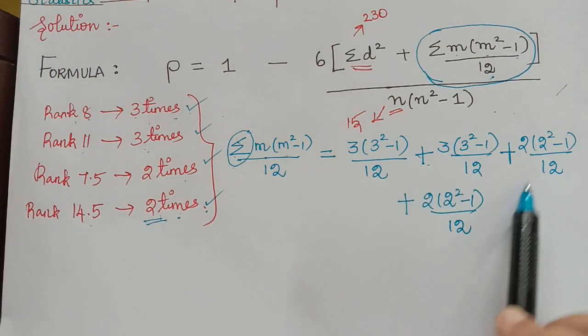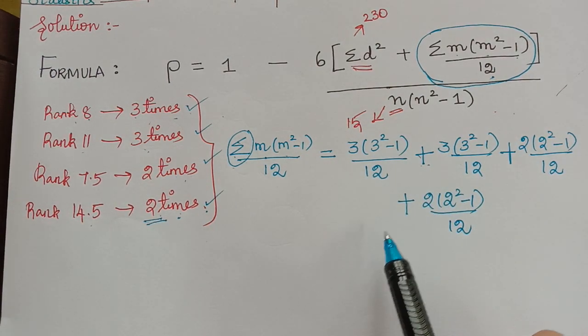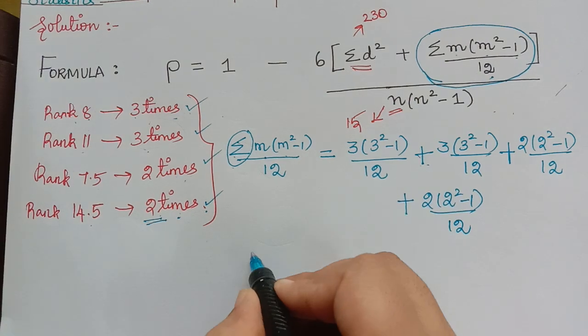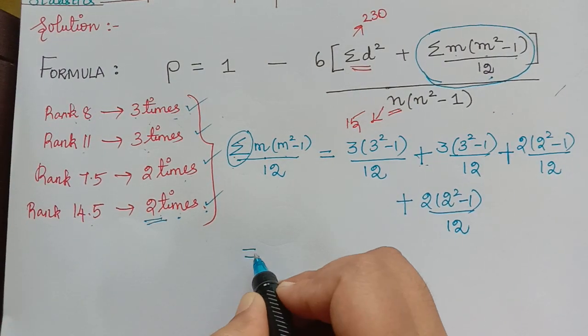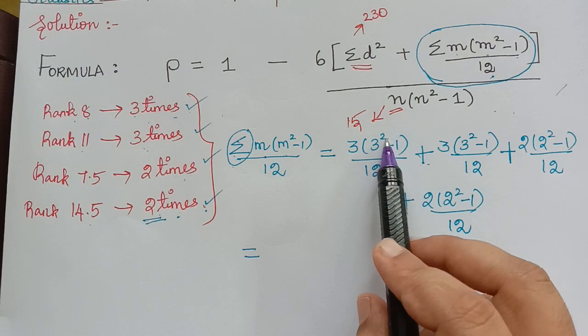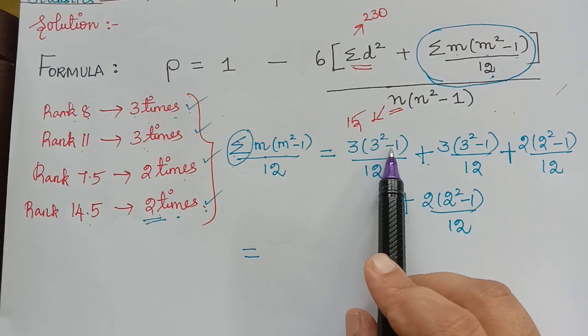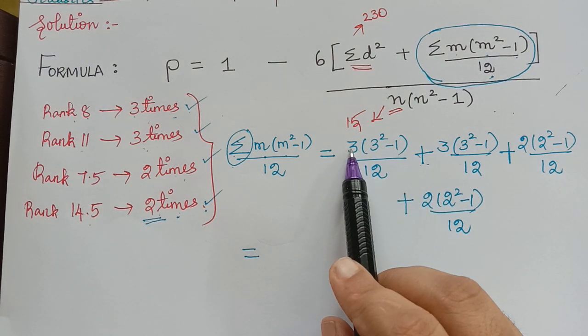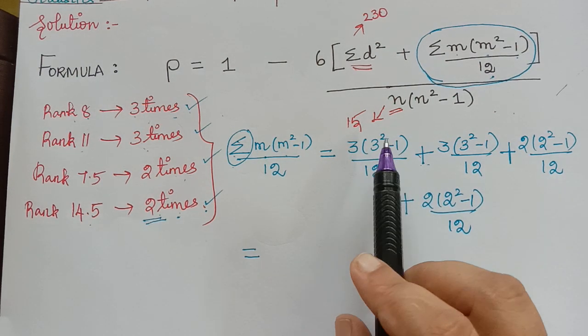Now we shall evaluate all this separately, and that one value we shall take and substitute here. So this will be equal to, what is 3 square? 9. 9 minus 1 is 8. So that 8 gets multiplied with the 3. So 8 times 3 is 24.